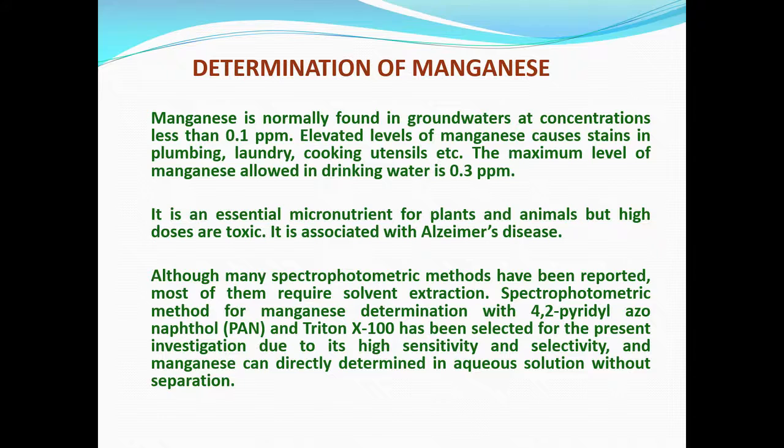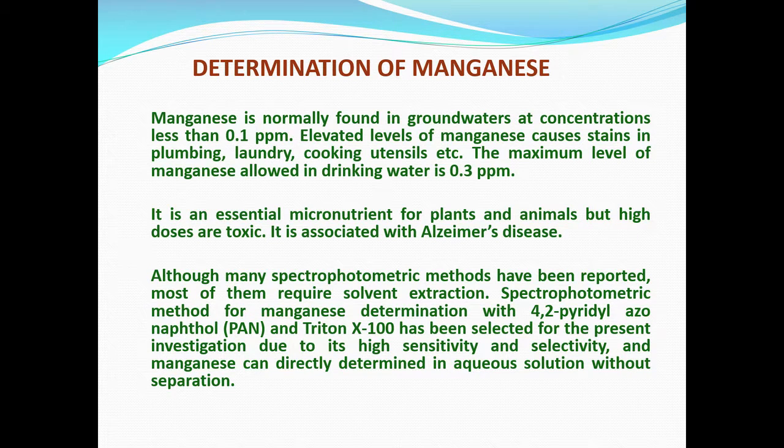etc. Therefore, it is also industrially a very important metal, and several methods are there for the determination of manganese. Most of them usually require solvent extraction. So, we have tried to do the analysis by sticking to aqueous solutions.